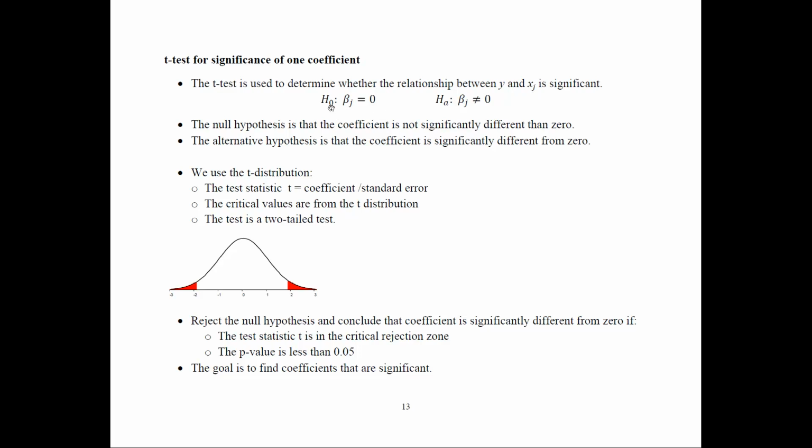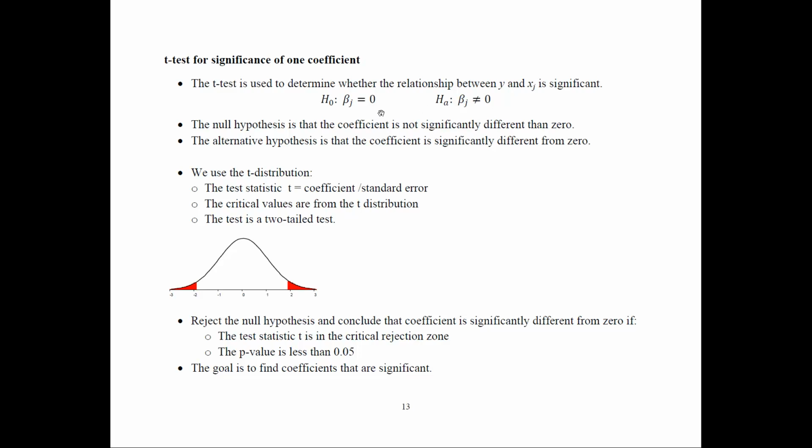So the null hypothesis H0 would be that beta j equals 0, and the alternative is that beta j does not equal 0. So the way to read this is also that the coefficient is not significantly different than 0, and here is where it's significantly different than 0. Or sometimes we say, if we fall into this case, that the coefficient is significant, and we understand that significant means significantly different from 0.